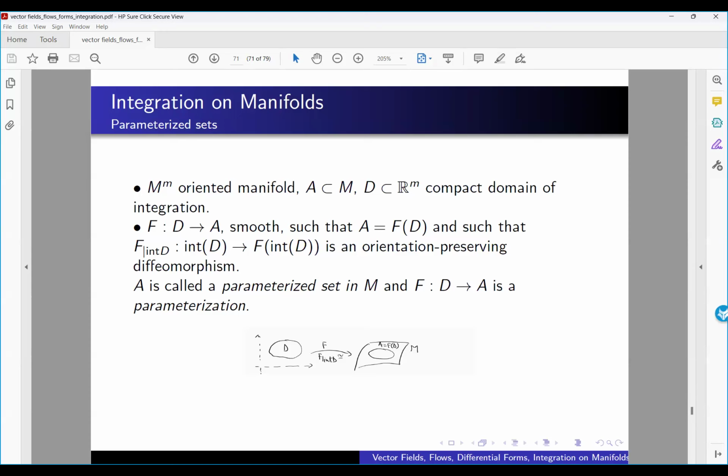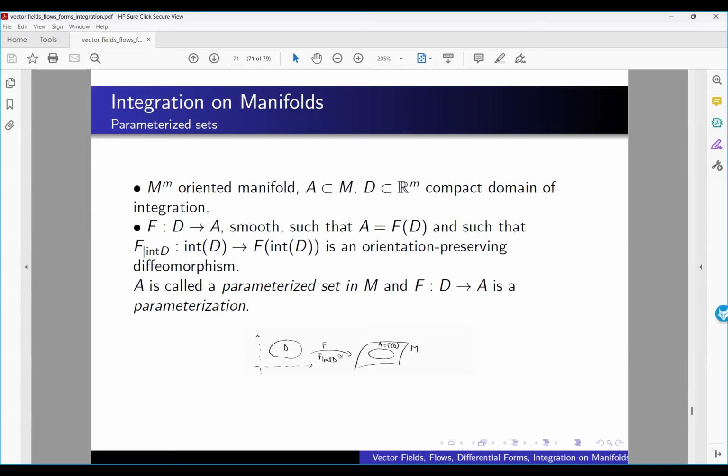Now, if we can define a function f which is smooth from D onto A, such that A is the image of D, and such that the restriction of f to the interior of D is a diffeomorphism onto its image that preserves the orientation.